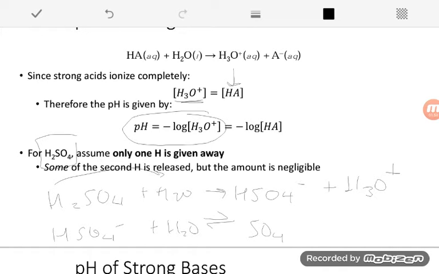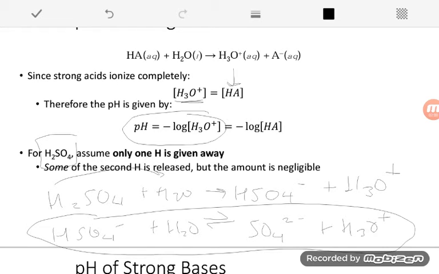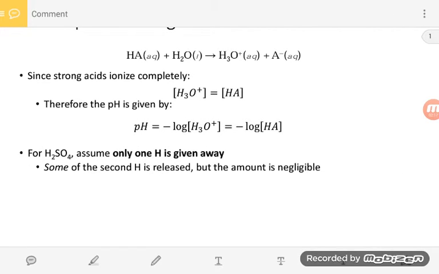It's going to produce SO4 2- and some more H3O+. Because this is a weak acid, it produces so much less H3O+ that we can basically ignore it, and we really just focus on this first equation up here. So for this polyprotic acid, really just assume only one hydrogen is given away and don't worry about this second step down here. So that's strong acids, nice and simple.